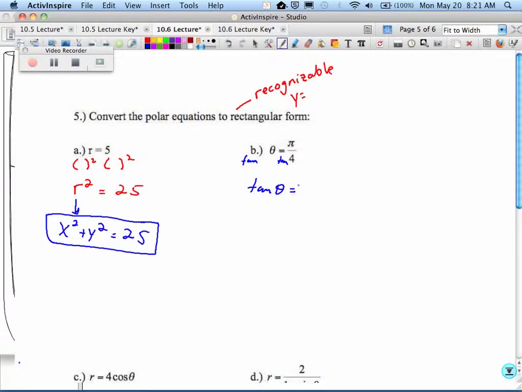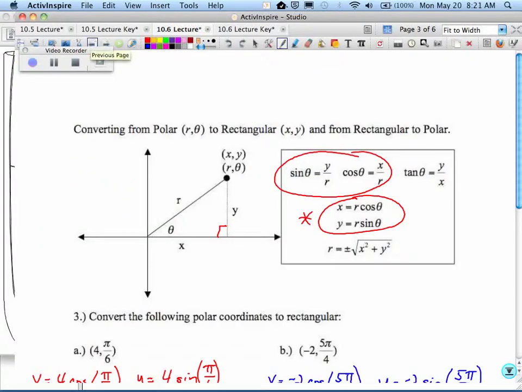So I applied a tangent on both sides, and now I'm looking at the tangent of theta is equal to 1. What's another way to write tangent? Go back to that square. Y over x. Now, does anybody in here recognize that equation?